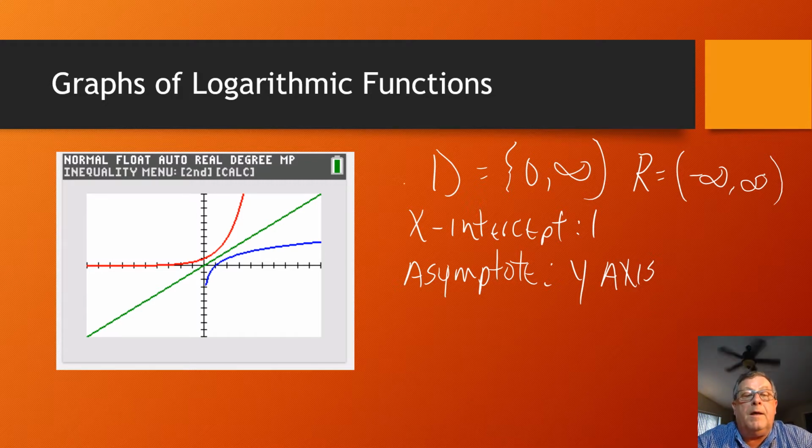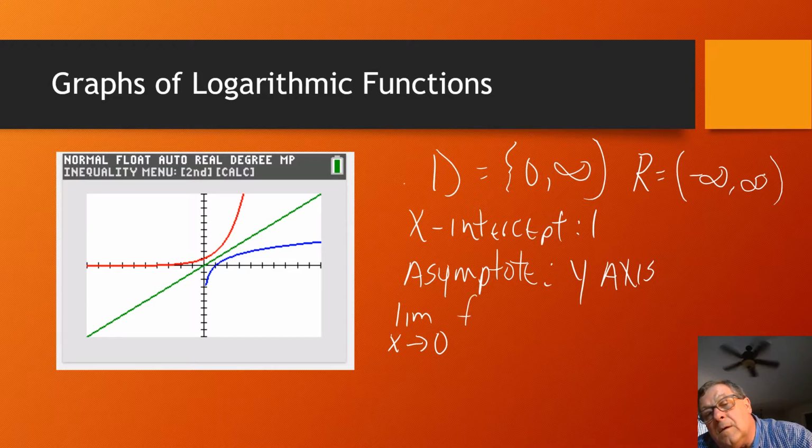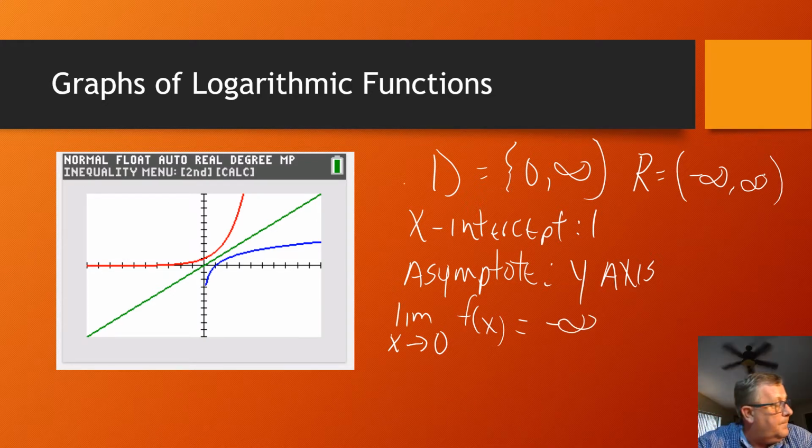Okay, now what about my end behavior? So my left end behavior, let's say I've got a limit as x is approaching 0 from the right, then f of x, or y, is equaling negative infinity.